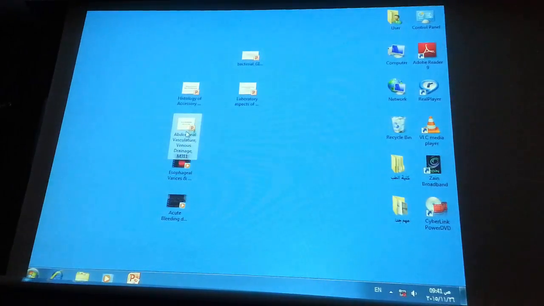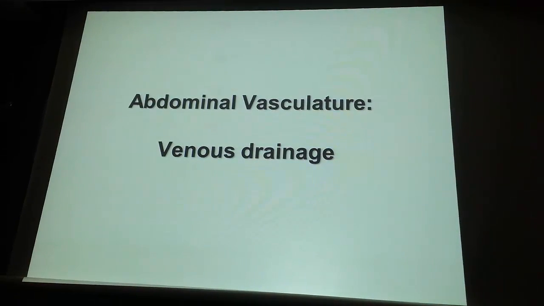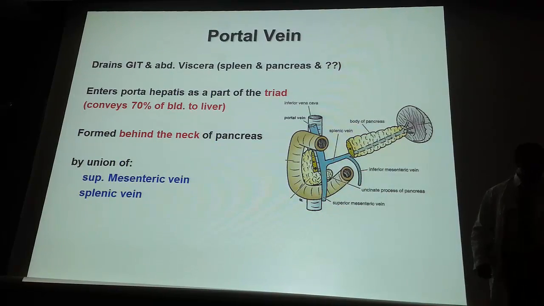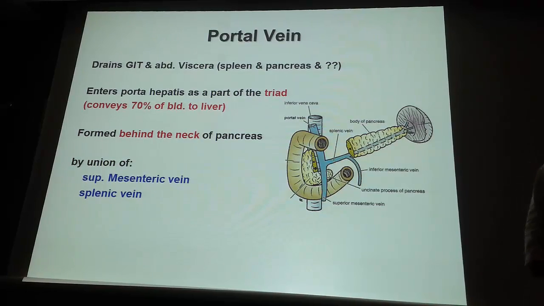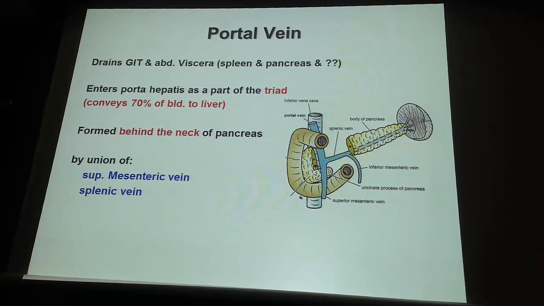Let's move to the last thing. Since we spoke about the liver and portal hypertension, it's worth speaking a little bit about the portal circulation. When we speak about the portal circulation, you know about the blood supply to the abdominal cavity. We have the abdominal aorta. The abdominal aorta gives posterior branches that wrap around the abdominal wall, which we call lumbar arteries.